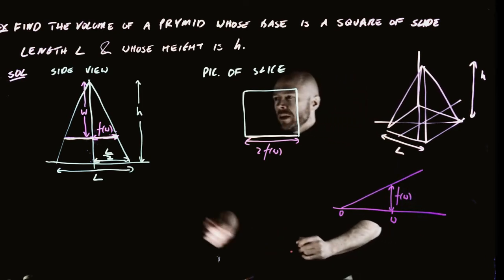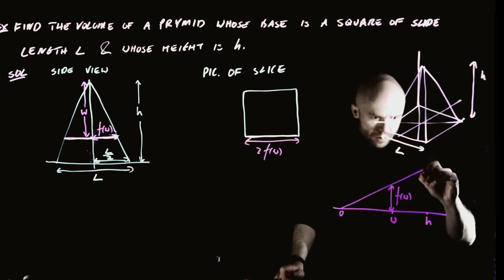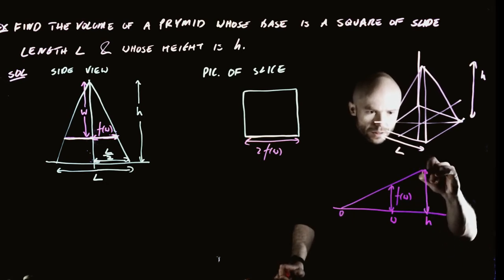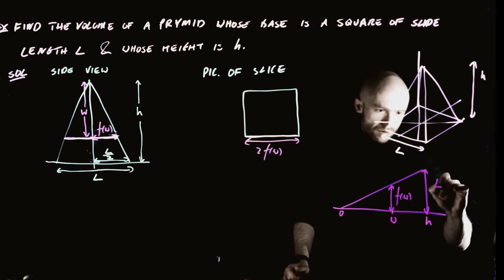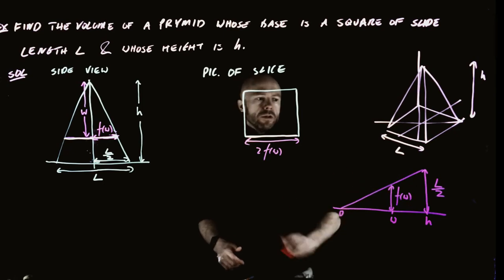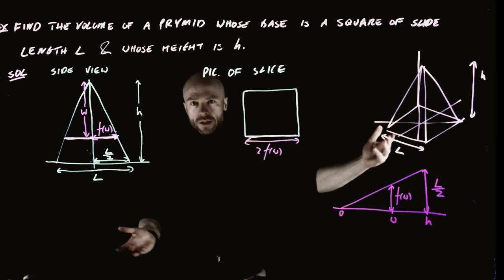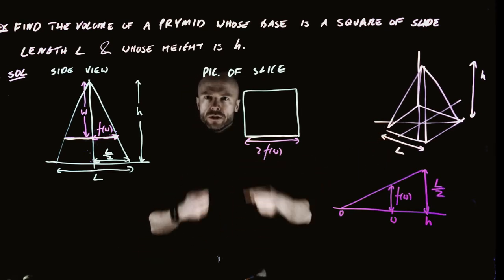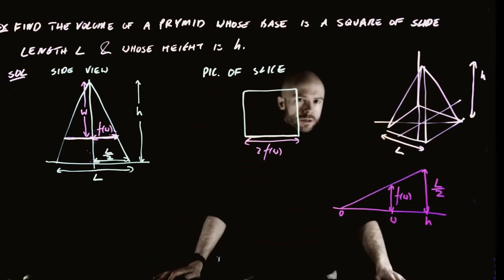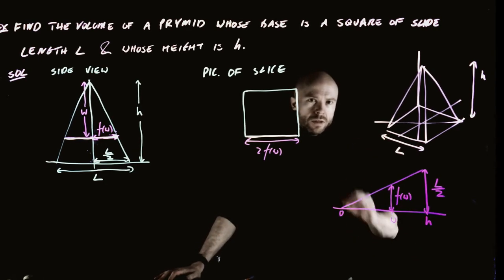And what we know is that when we get all the way down to h, so this is h here, then this distance right here is L over 2. And what we want is the formula for w. As you can see, this is actually a really nice function. It's a linear function, and it's a linear function that goes through 0. So what we need is to find explicitly the linear function that goes through 0, which has the property that when we are at h, the height is L over 2.